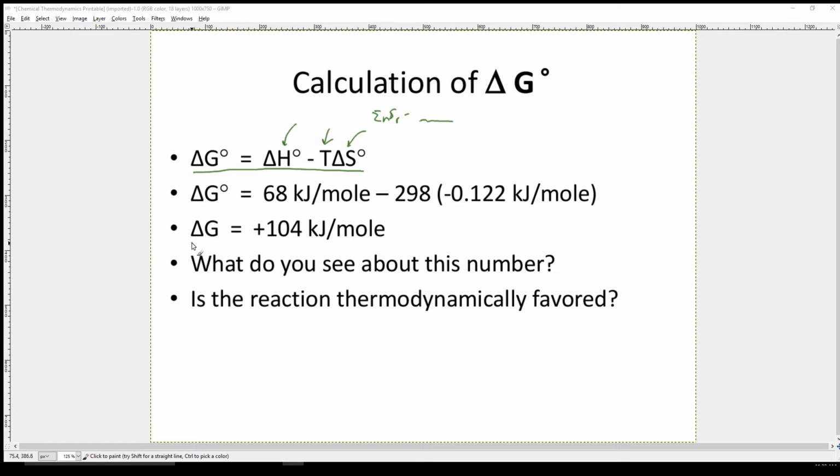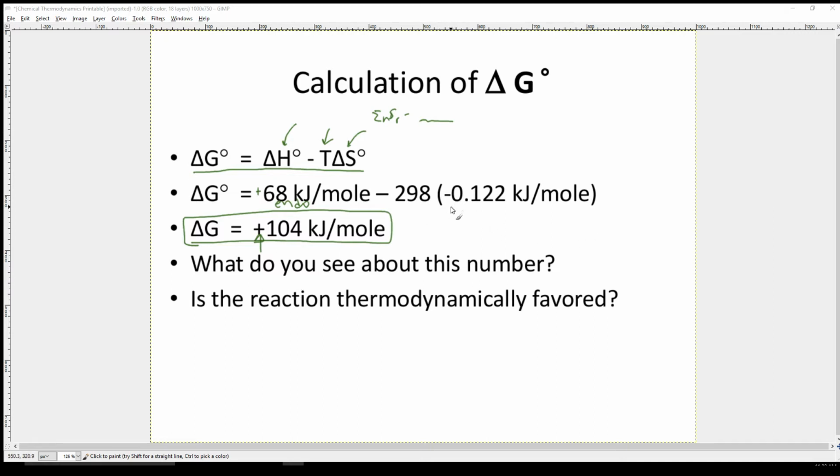What do you want to pay attention to when you are looking at your delta G? You want to pay attention to the sign. In this case, it was positive. Let's analyze our enthalpy and our entropy. Our enthalpy is positive, so was this an endothermic or an exothermic process? Endothermic.